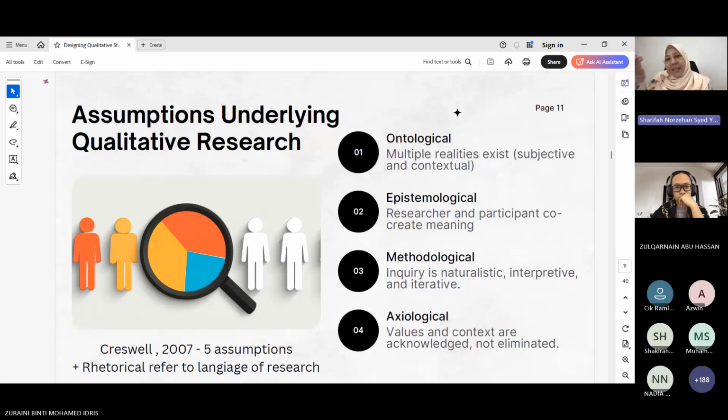The concept that I'm bringing in now will be expanded, so I will have more knowledge about it. Once I have more knowledge, that justifies why qualitative research is the method I should be using, because that's what I want to do. So it helps you in that sense. Okay, methodological.